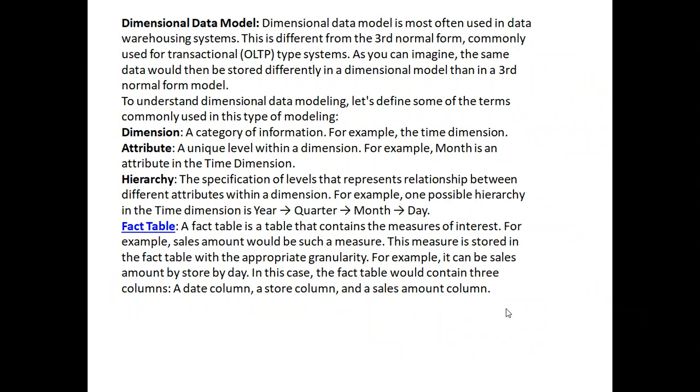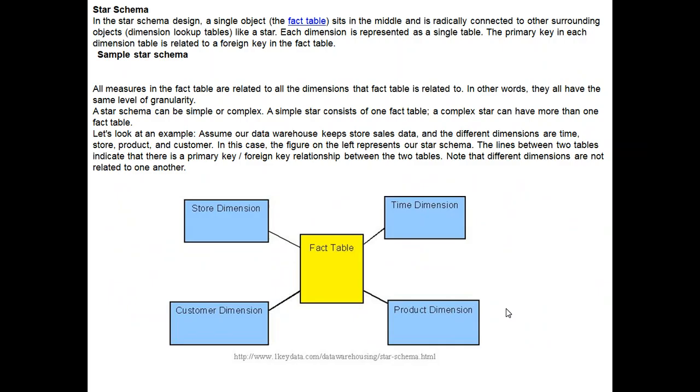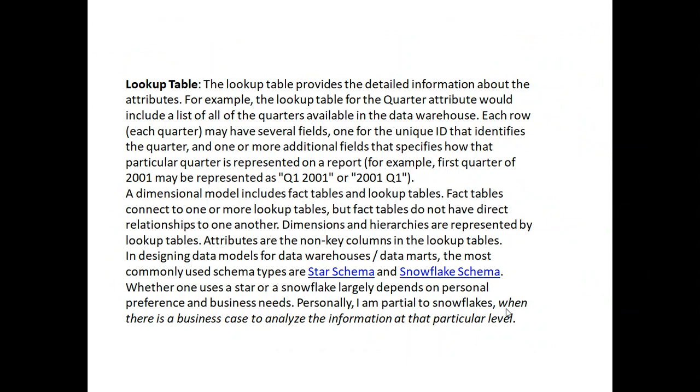We spoke about what a fact table is and what a lookup table is. For example, a lookup table provides detailed information about attributes. The lookup table for a quarter attribute would include each row.